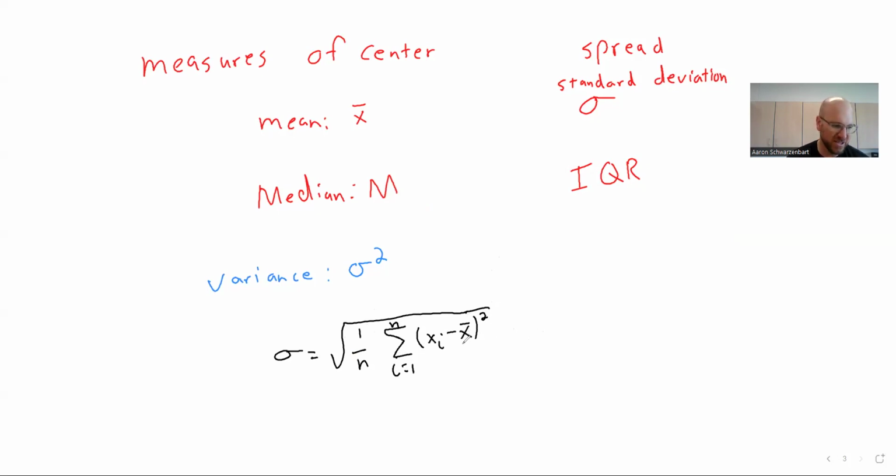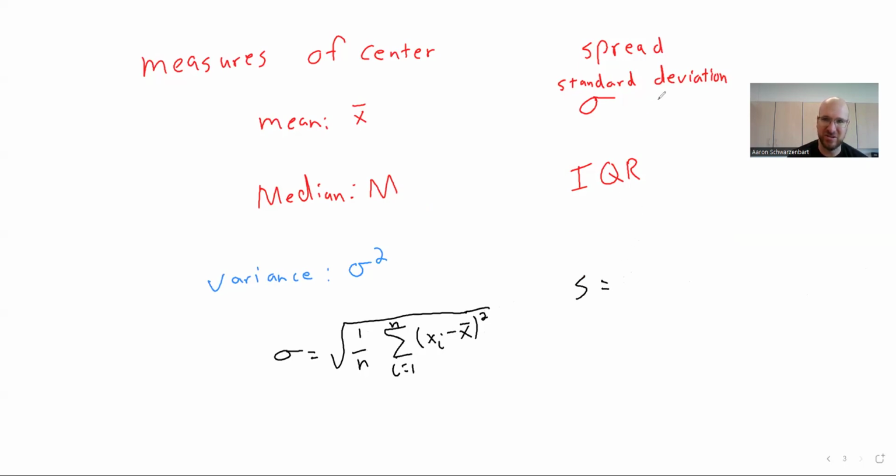So for the standard deviation, you take each value, subtract it from the mean, and find how far each value is from the mean. Some of them are positive, some of them are negative. If you just added all those up, you'd get 0. But if you take each value and square it, you get them all positive. Then add those squared values, divide by n, and then take the square root.